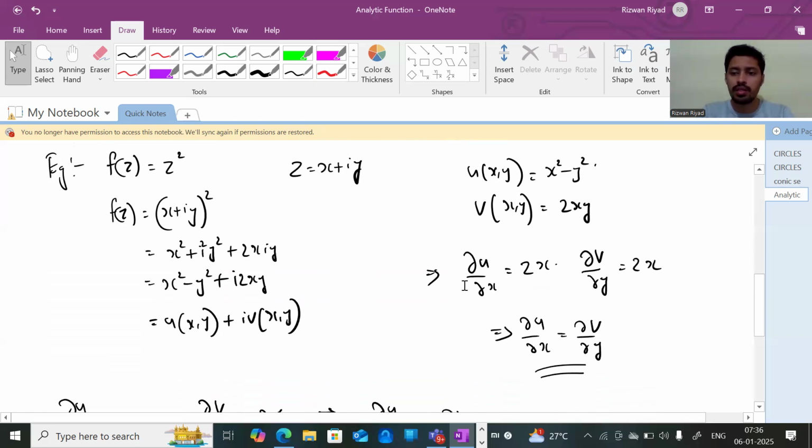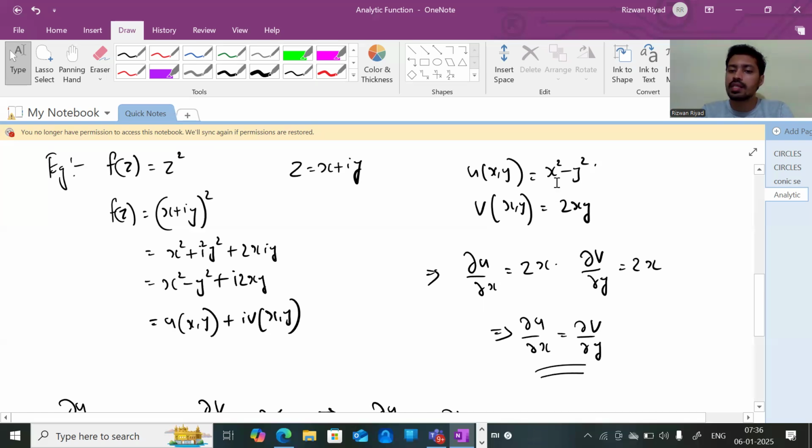Now, we know that it's a partial derivative. Partial derivative means we can find the partial derivative of a two-variable function by taking one variable as a constant. For example, if we are finding ∂u/∂x, we are differentiating with respect to x, so we will take y as a constant. That is the meaning of partial derivative. y is actually a variable, but while taking the partial derivative with respect to x, we will treat y as a constant.